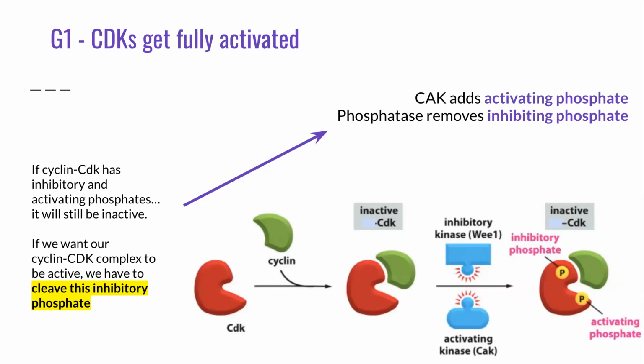Nope, sorry. I was just going to ask, should we be familiar with the individual components of the pre-RC, the CBT and the ORC? Maybe I wouldn't say you have to know which one's a helicase necessarily, but have an idea of the difference between the pre-RC and the pre-IC.